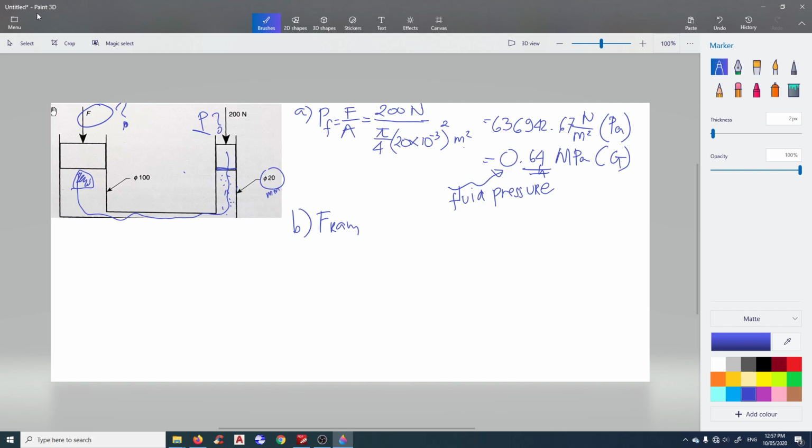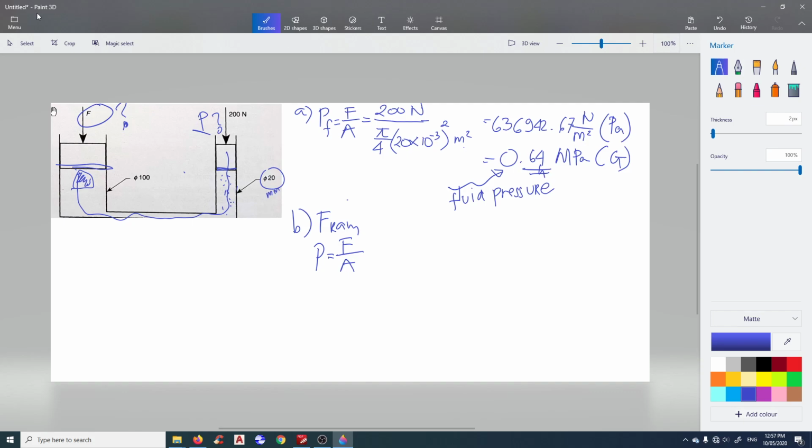Now we can see here the surface area of this piston and this piston is different. This one is bigger. So using the same formula again, pressure equals force divided by area. Now for question B, the pressure here will be the fluid pressure. Remember, the fluid pressure is the same everywhere. So we put that back in.